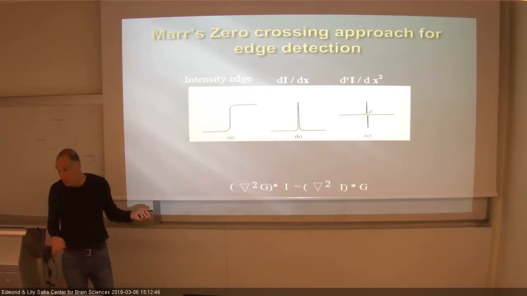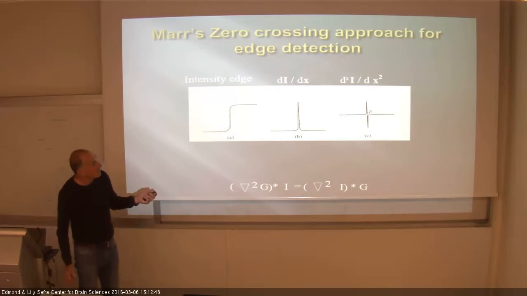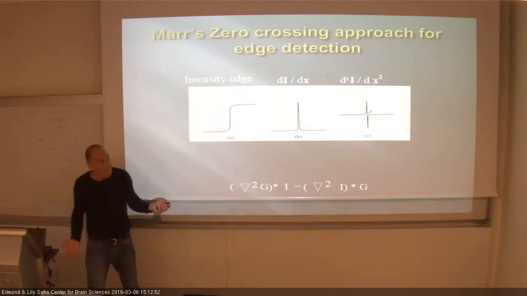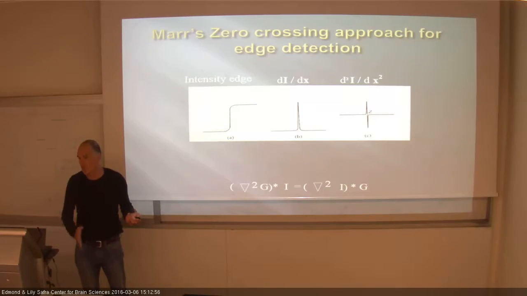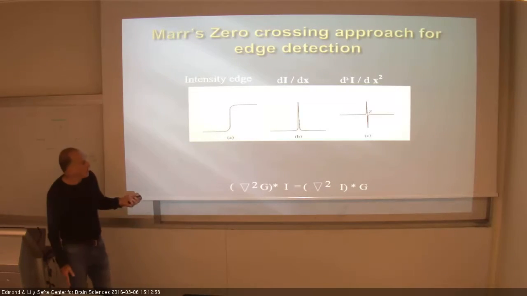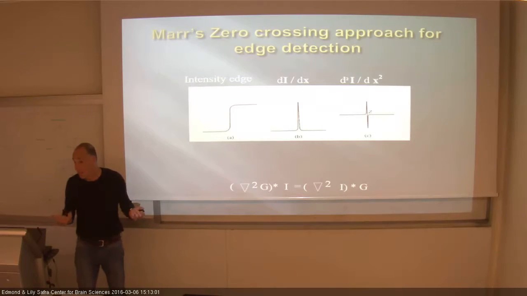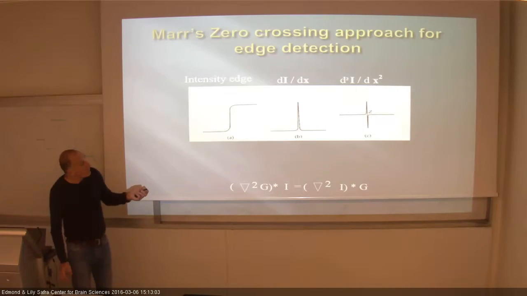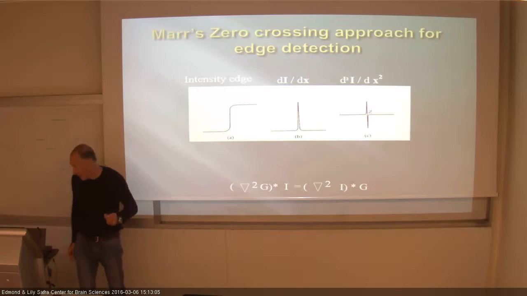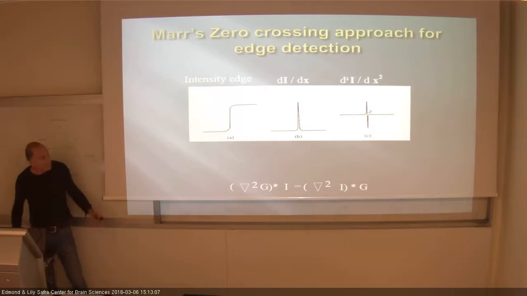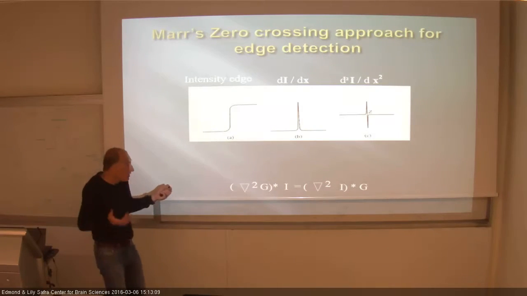I said that in principle they're the same, but setting the threshold is somewhat arbitrary. A zero crossing is always the point where it crosses the value of zero. So although they're equivalent, there's a practical problem of where you set the threshold, and that's why the zero crossing is somewhat better.